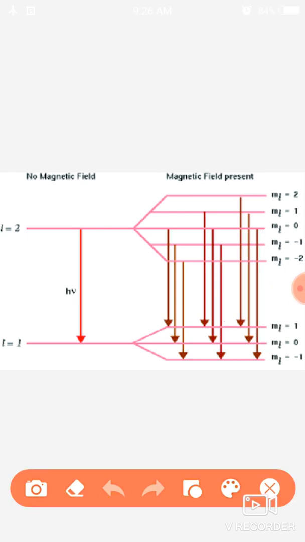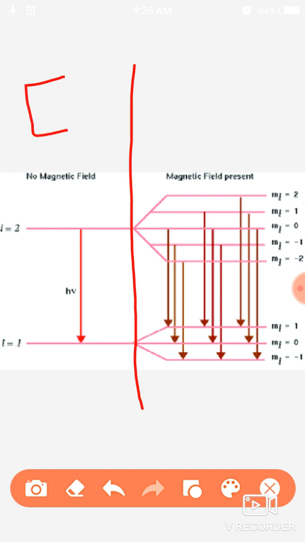Now for the hydrogen spectrum, I will split this into two parts. First, when we never apply a magnetic field. This is the N and this is the S pole of the magnet, and here is our experimental setup, which produces a spectrum of any atoms or molecules.